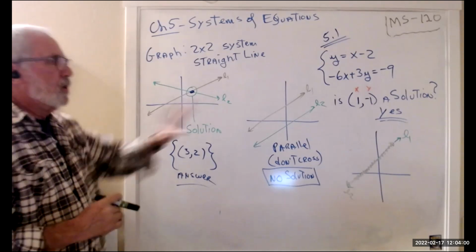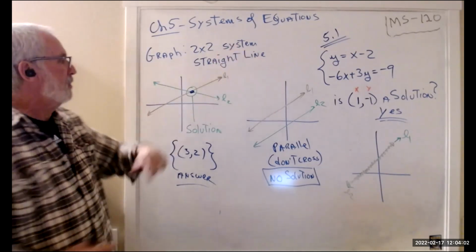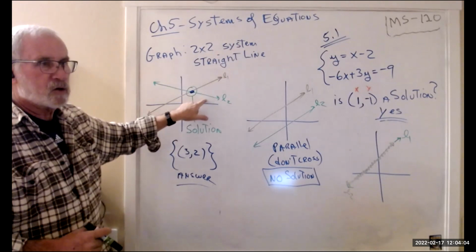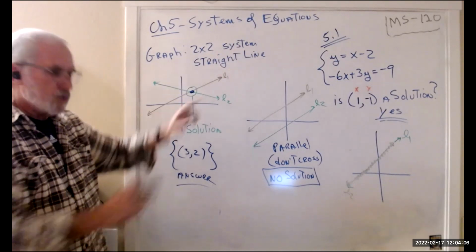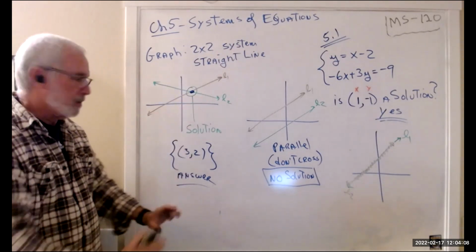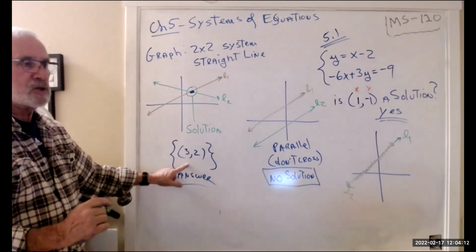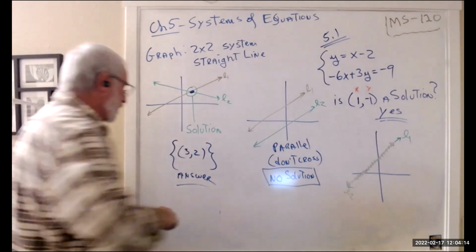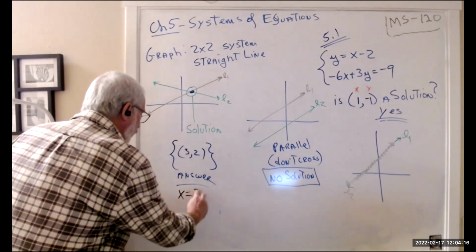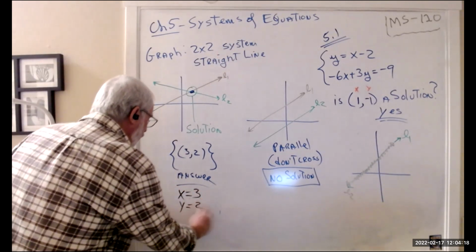There are different ways to go about it. You could graph it, and in problem number 1, the two lines might cross. And where it says solution down at the bottom, you put the ordered pair, or however she says. Sometimes she says put the ordered pair, sometimes she says write x equals 3, y equals 2.